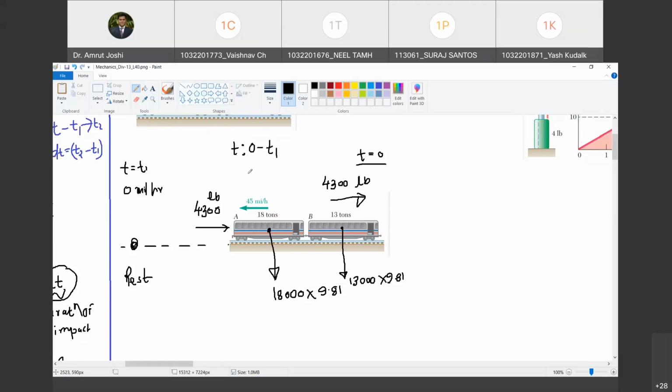Okay. Now, do you see any impulsive force in these forces? There is no impulsive force, because both the objects are moving in the same direction and both are applying brakes at the same time.